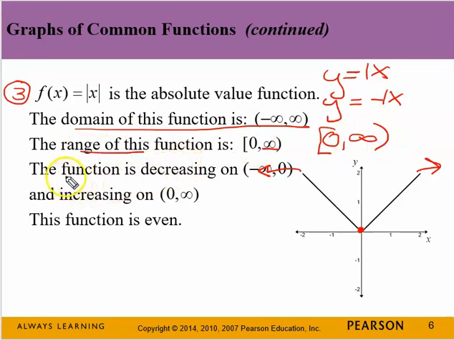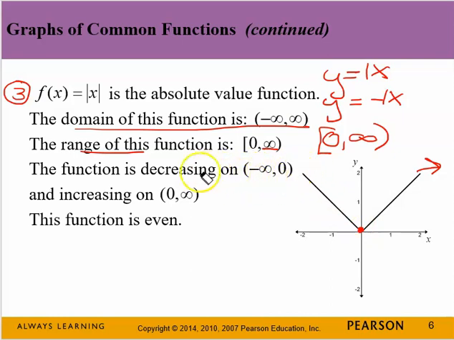Now, the function is decreasing on the negative side from negative infinity down to 0, and it sort of just approaches 0. So let me erase that so you can see it better. So its interval notation for decreasing would be from negative infinity to 0.